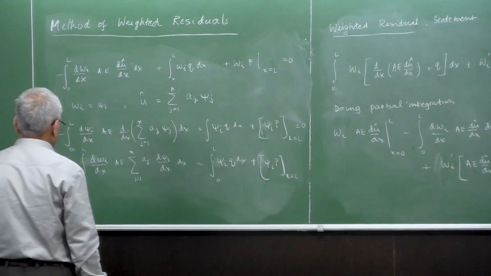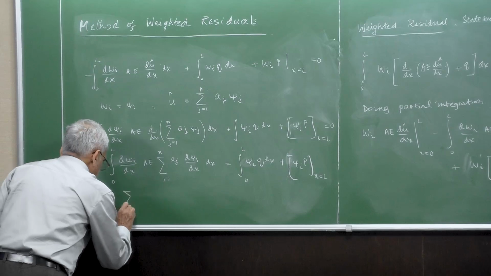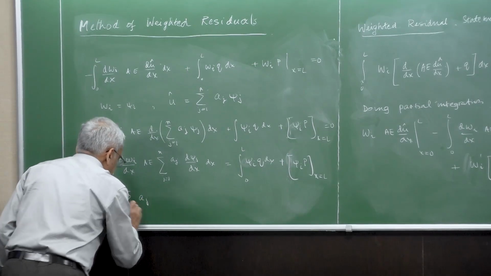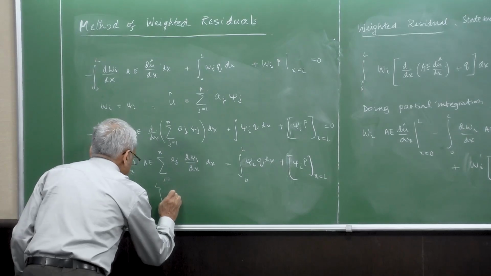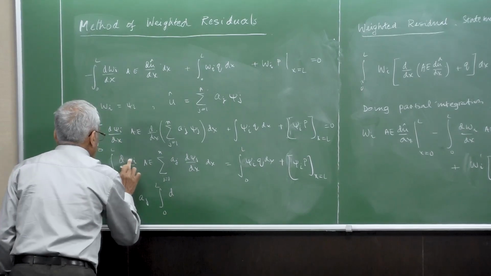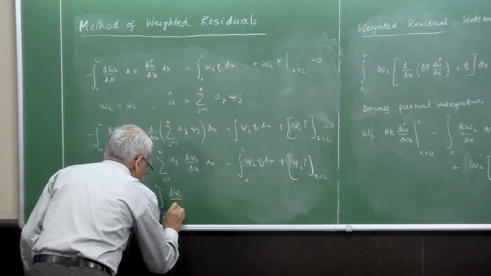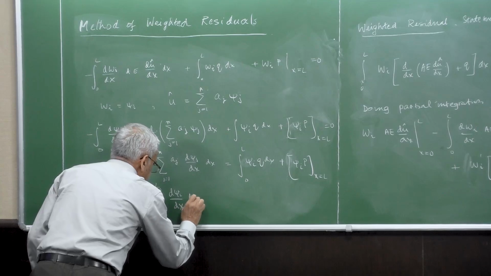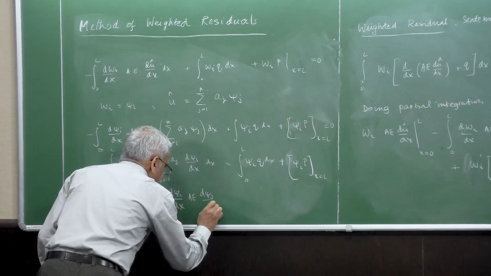And so we can rewrite this one as a_j, and this will collect it. This is psi_i, AE, d psi_j by dx.